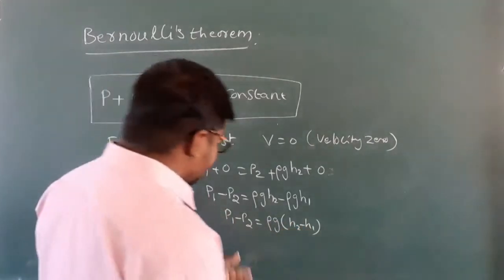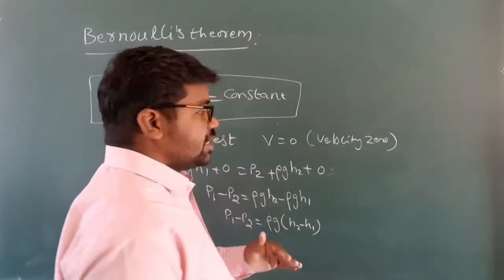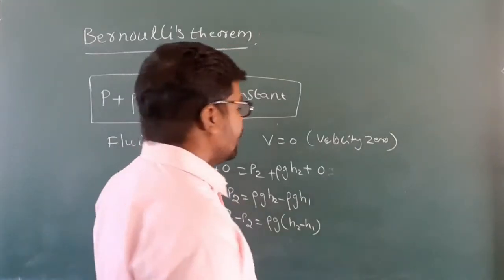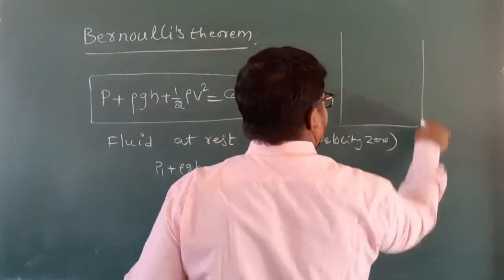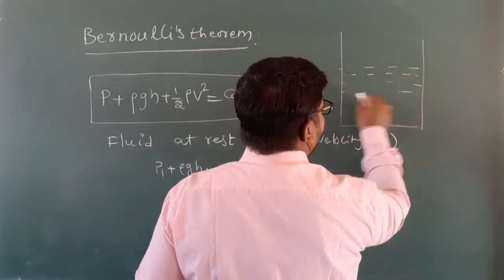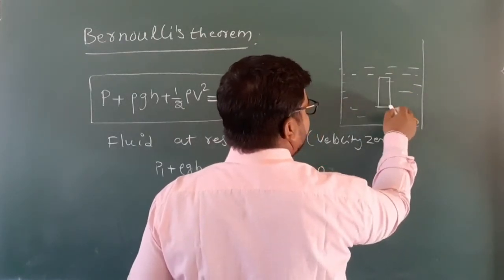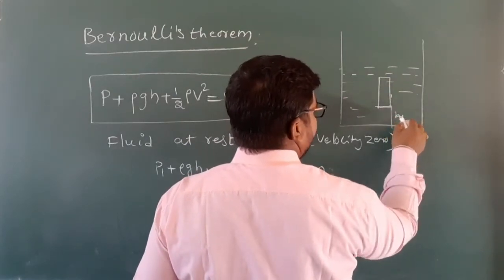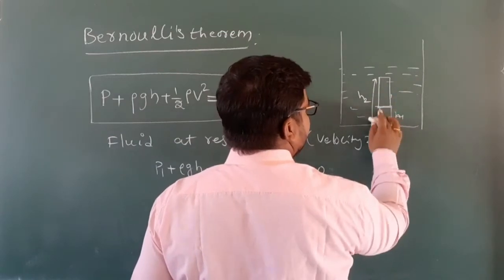From this expression we get the pressure due to variation of depth. Consider a container with a fluid and an immersed object. Here the height is h1 and here the height is h2, with pressures P1 and P2 acting.